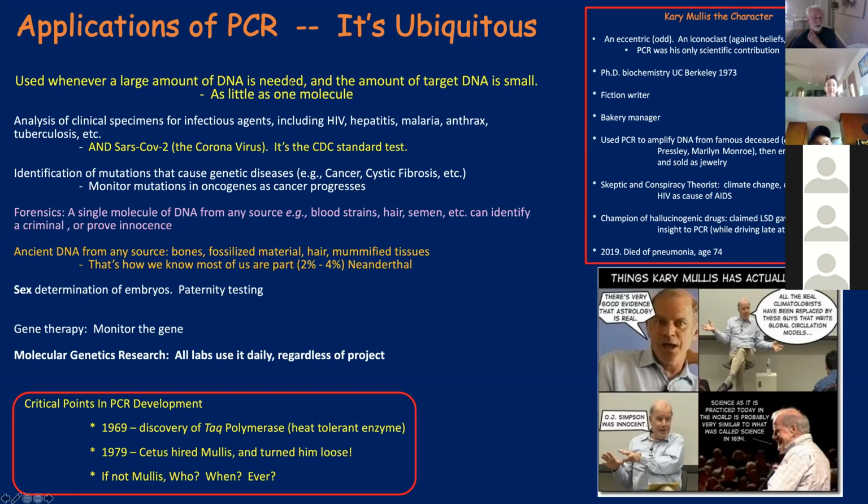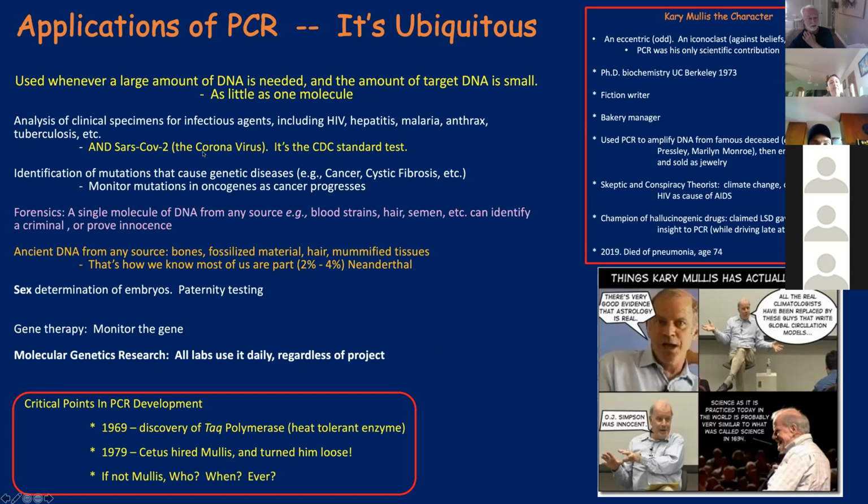But what are the applications of PCR? There are many. In fact, anytime a large amount of DNA is needed, PCR is used. For example, analysis of clinical specimens for infectious agents like viruses or bacterial diseases, including coronavirus.